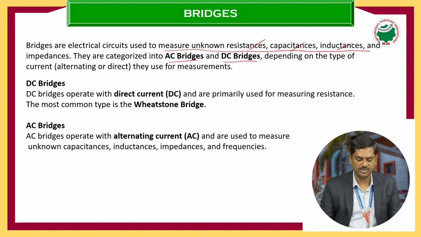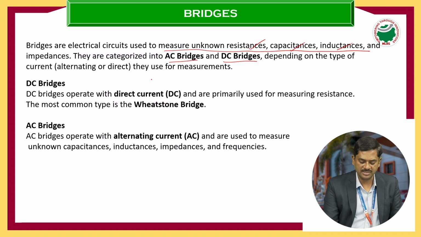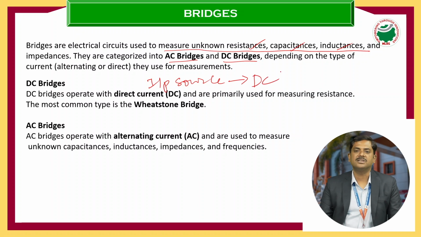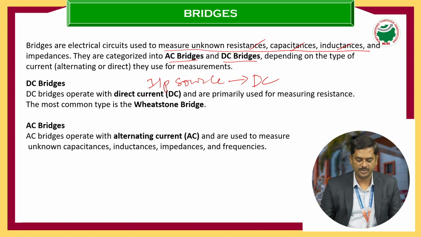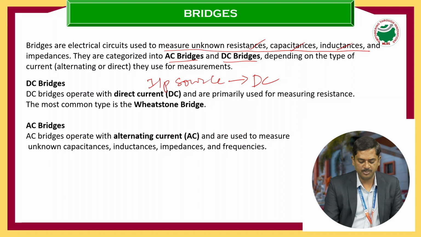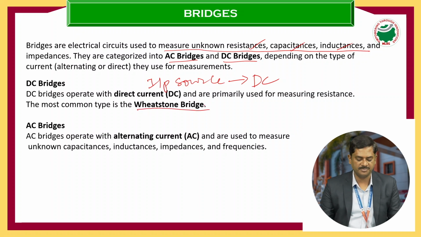DC means the input source is DC. If the input source to a bridge is DC, it is called a DC bridge, and if the input source is AC, it is called an AC bridge. The most basic bridge is the Wheatstone bridge, which you find in the DC bridges.